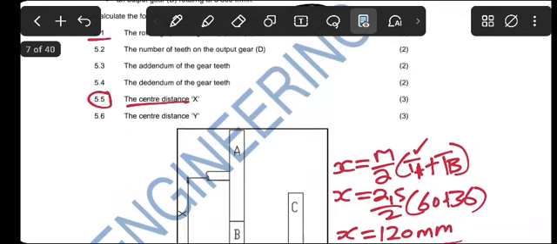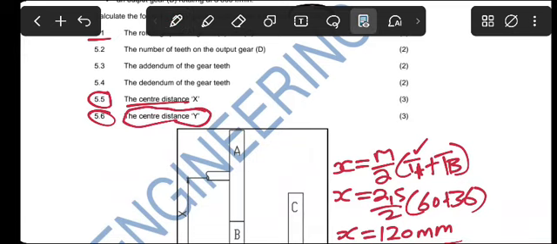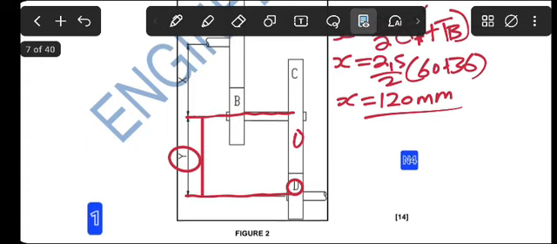Let's check what we want. 5.6, they need the center distance, which is Y. Then let's check here, it's Y. If you check, Y is between B and what? And C. Yes, you can check, guys. So we'll focus on gear D and gear C. It's C, because if you check, these are not matching, guys.